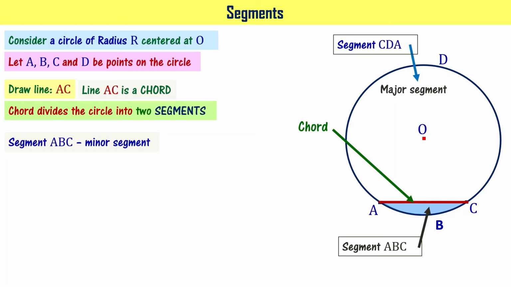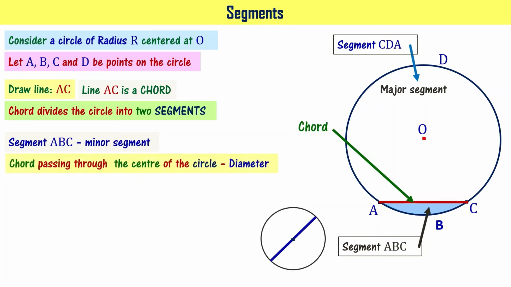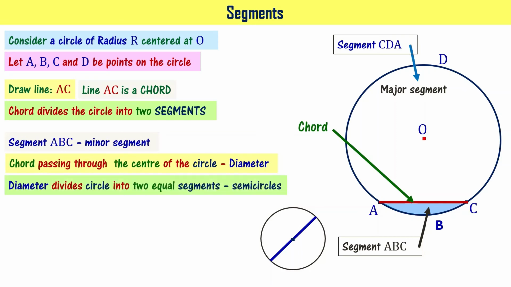Please note this. As you see here, chord passing through the center of the circle is called diameter, right? And diameter divides the circle into two equal segments. Those parts are called semicircles. So those equal segments are semicircles, right? Please note this point.